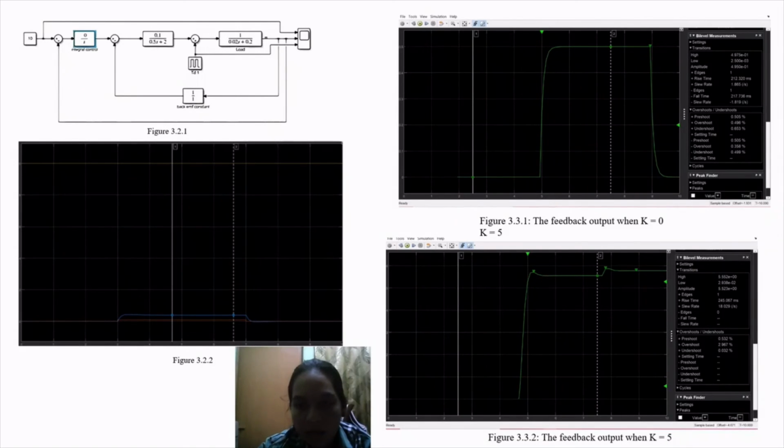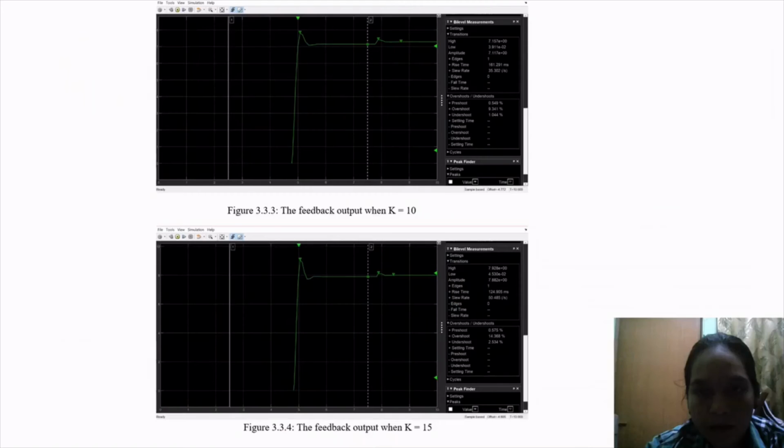And when we see diagram 3.3.4, it shows a smoother result than the other diagrams because the proportional action provides the quick response to correct for the upset, while the integral provides the gradual correction to bring the control variable back to the set point. So that's all from me. Thank you.